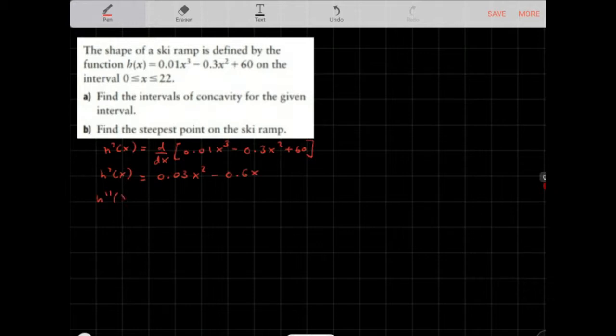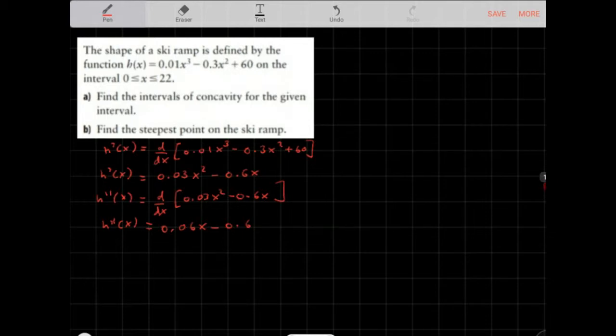The second derivative is the derivative of this, which is 0.06x minus 0.6. So that's your second derivative.